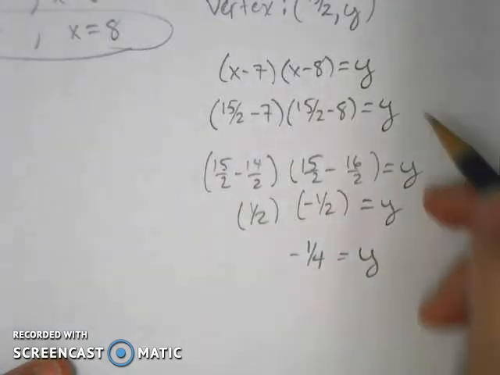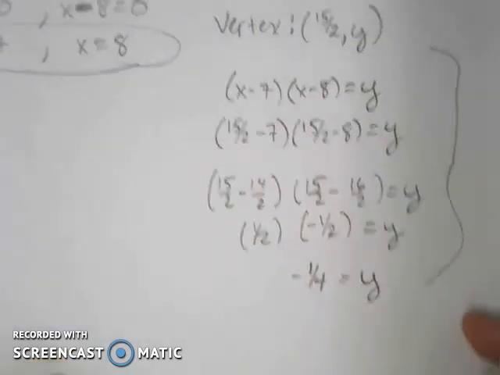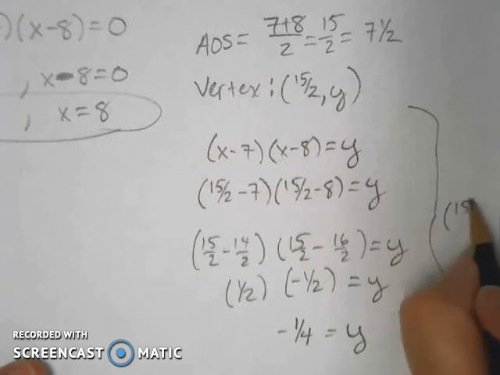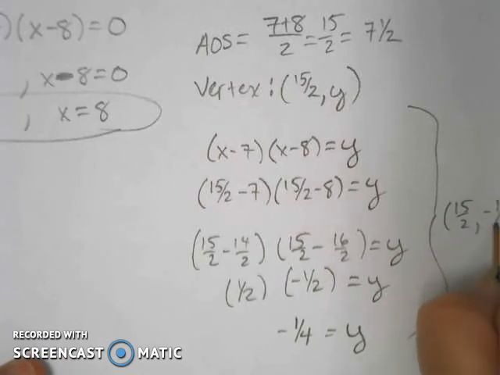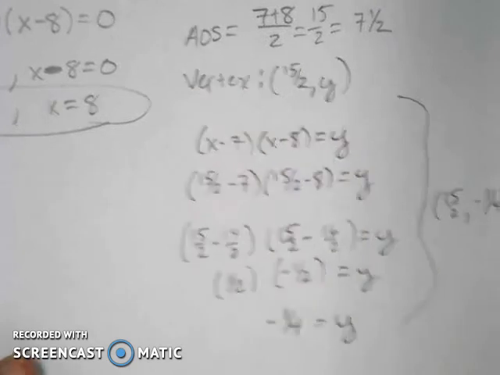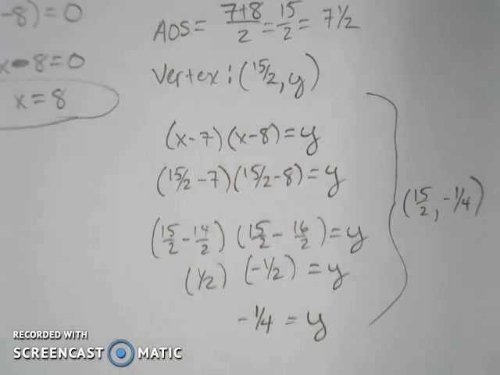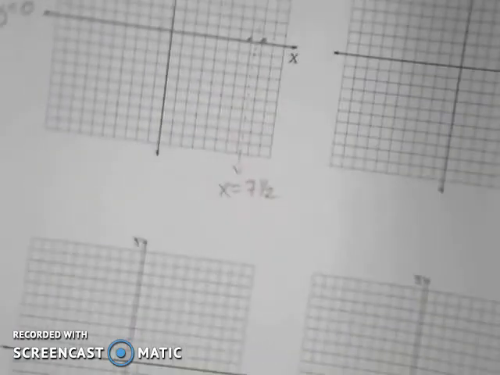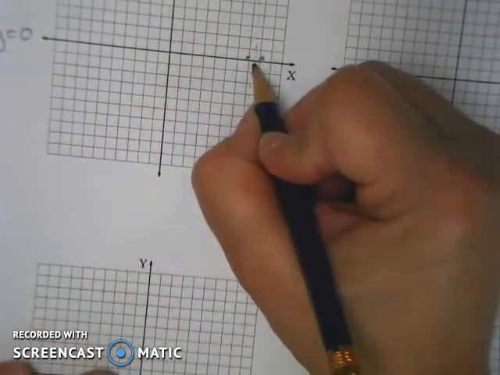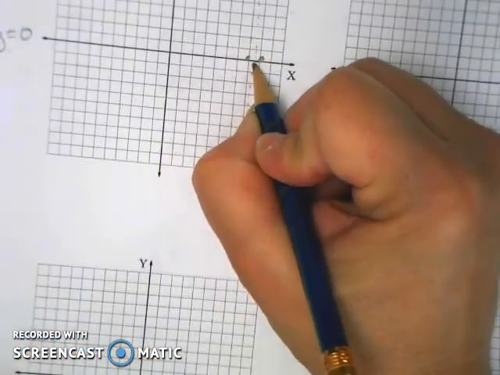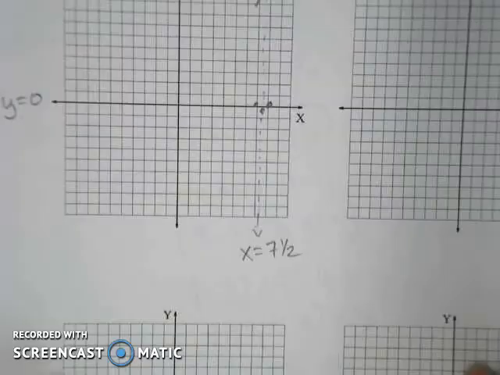Okay, so that means that our vertex point is going to be 15 halves and negative 1/4. Those are the coordinates of the vertex. So I'm going to place that on my graph. Just like I said, it's just barely below the x-axis here.